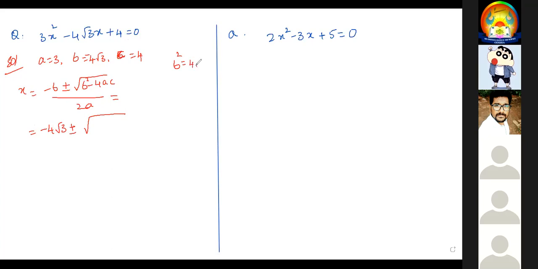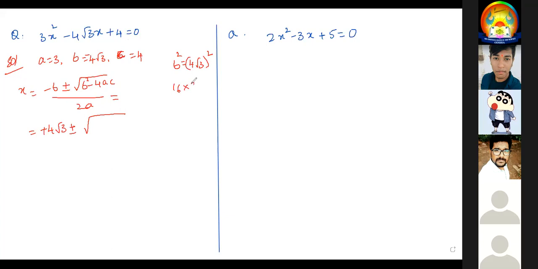B square is 4 root 3 whole square, 16 into 3, that is 48. 48 minus 4AC, 4 into 3 into 4, again 48. So 48 minus 48 is zero. Over 2A, which is 6. So 4 root 3 by 6, which is 2 root 3 by 3.